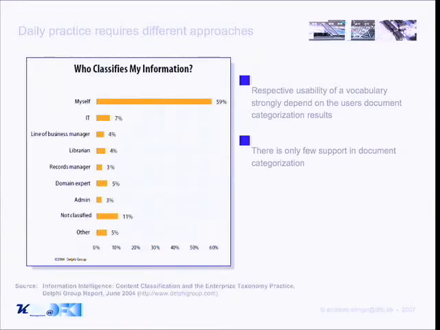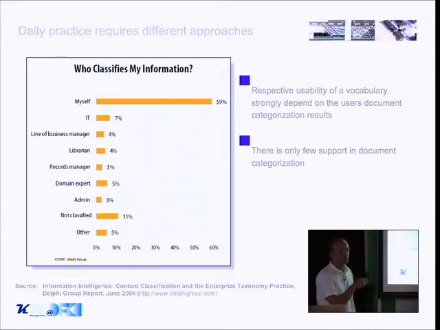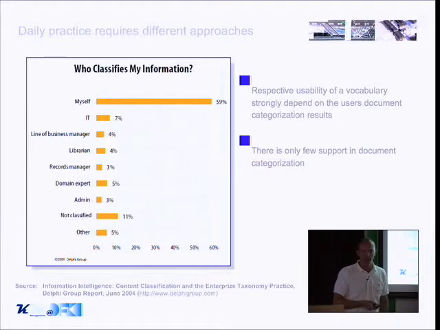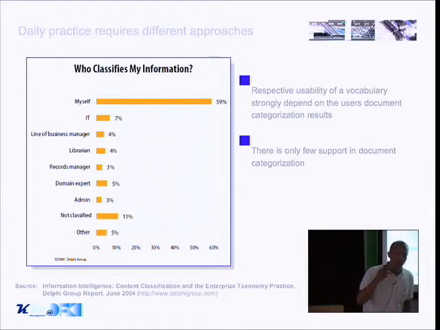If you just look at a study from the Delphi Group in June 2004, you can see that with respect to 400 companies, where they asked people how they categorize information, most of the people still do it by themselves. There are, of course, some companies which provide taxonomies, with which people can categorize or are allowed to search for documents.